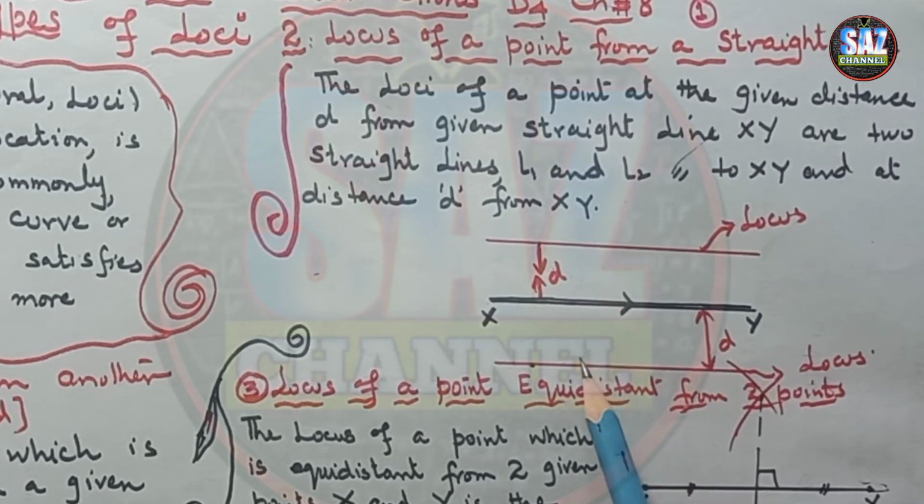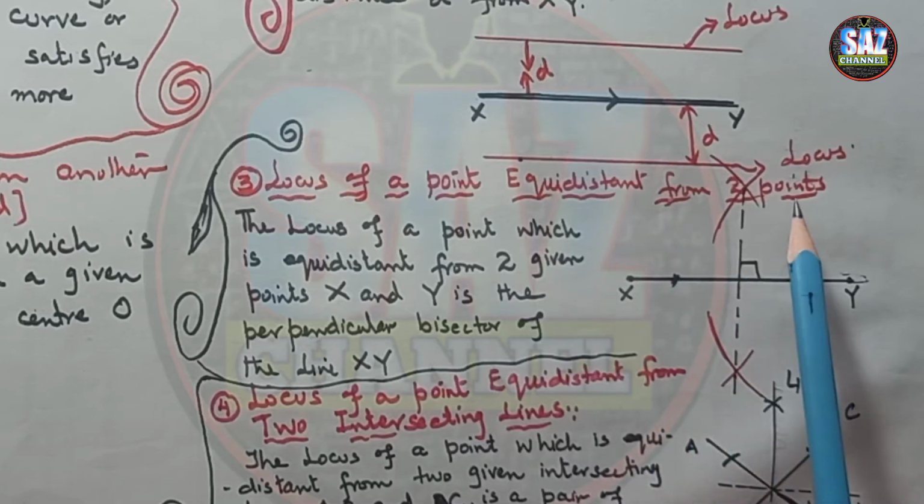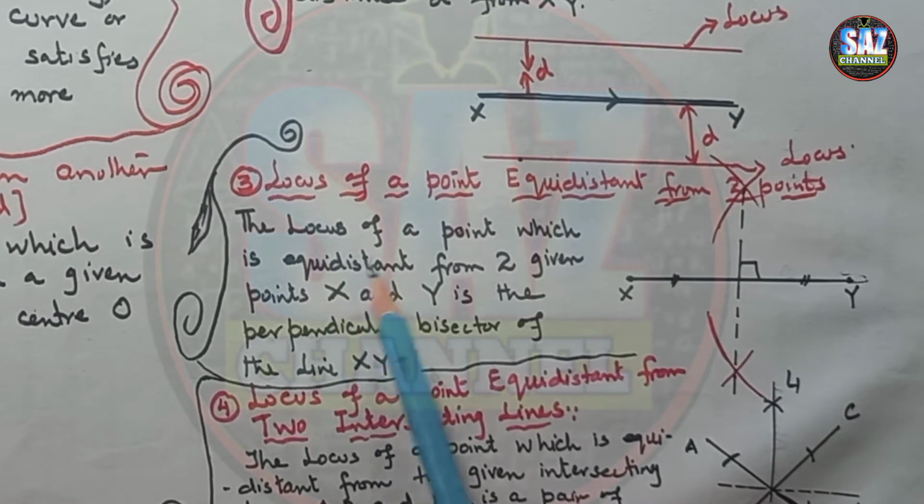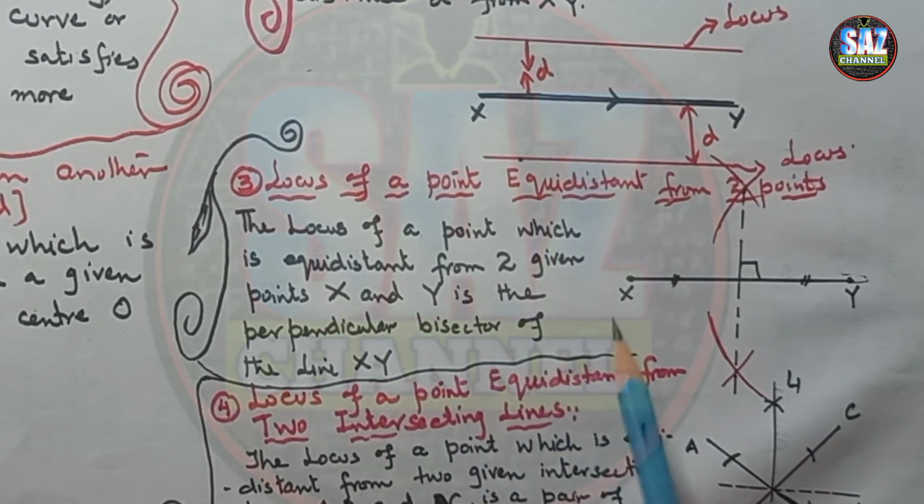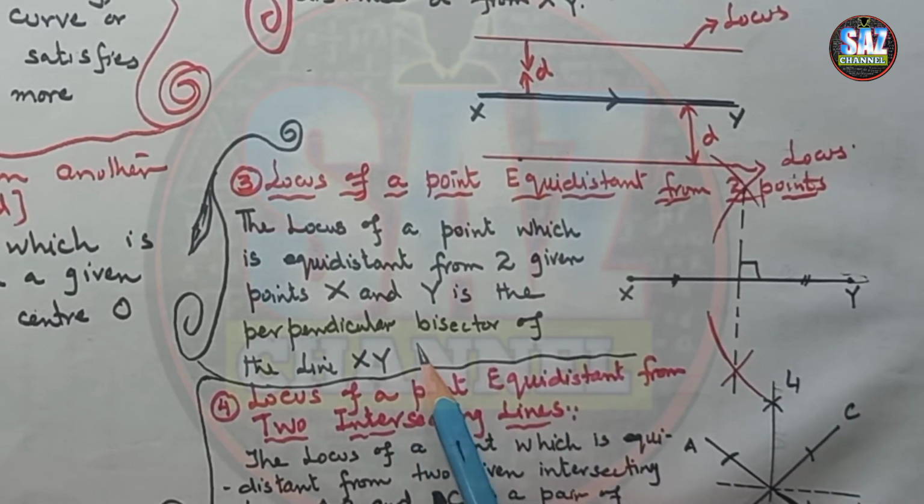Coming to the next type, the locus of a point equidistant from two points. The locus of a point which is equidistant from two given points X and Y is the perpendicular bisector of the line XY.